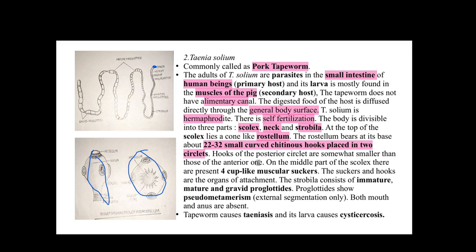It means the hooks on the posterior side are smaller compared to the anterior. On the middle part of the scolex there are four cup-like muscular suckers.